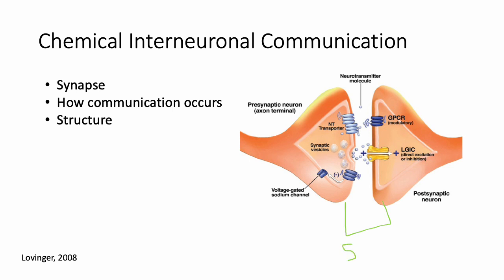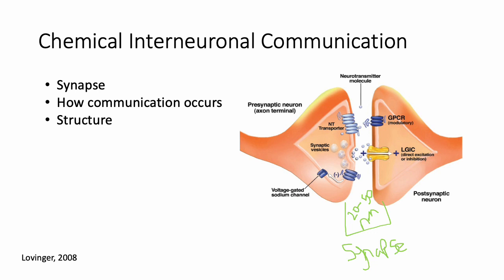Or I should have changed the color back to red, but it's okay. Synapse. Which is where the two cells are about 20 to 50 nanometers away from each other.